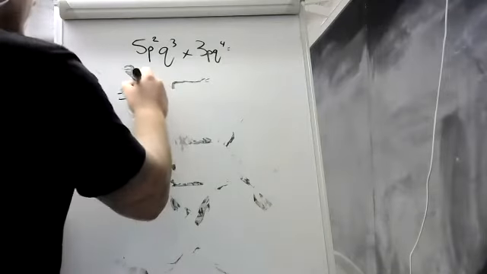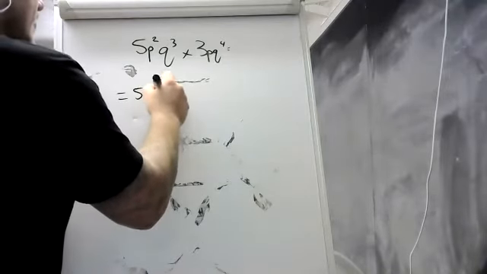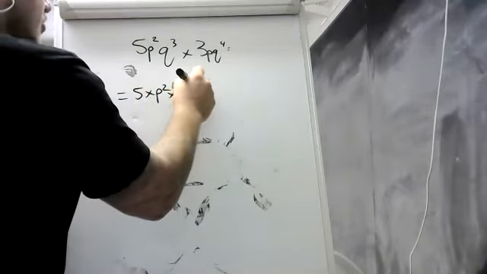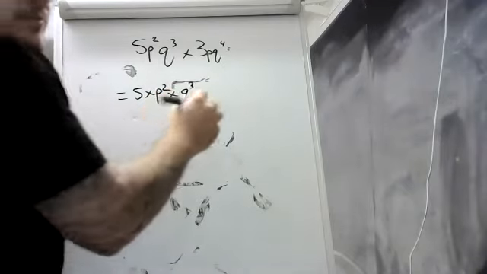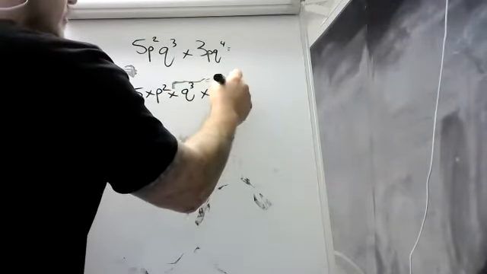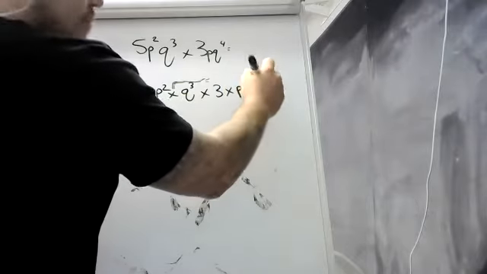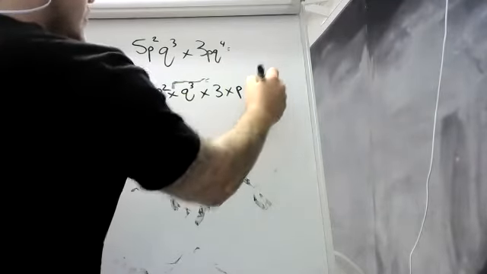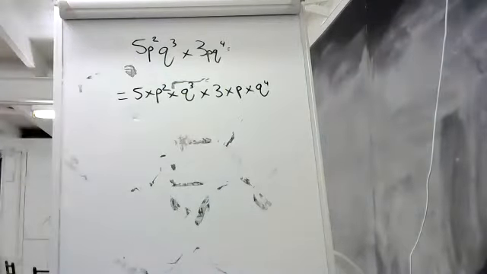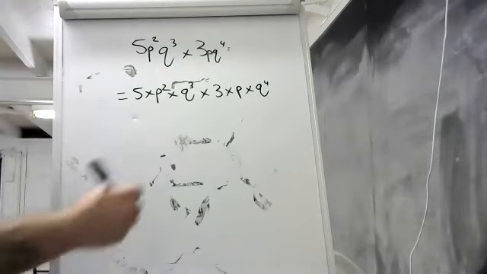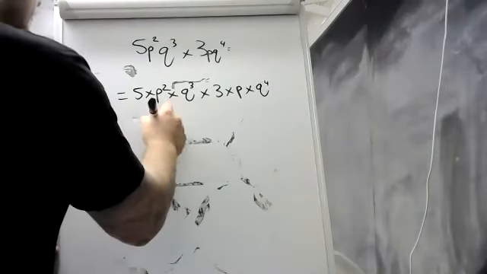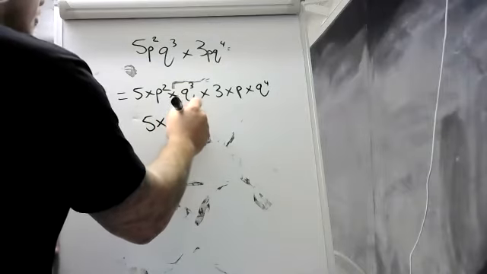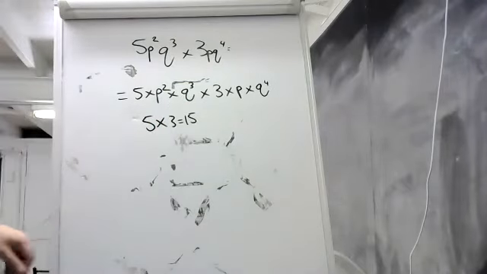So we would have 5 times p squared times q cubed times 3 times p times q to the power of 4. 5 times 3, hope we all know that equals 15.